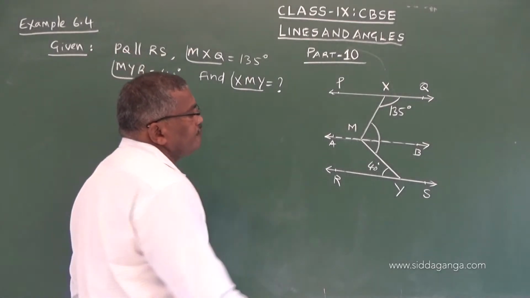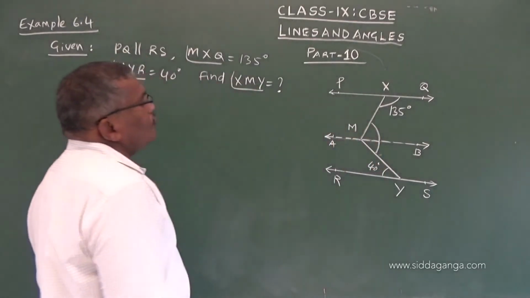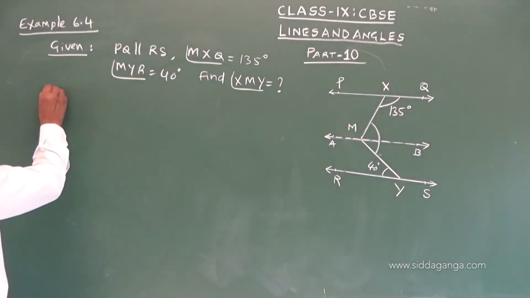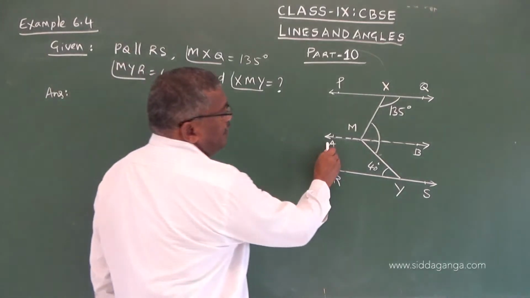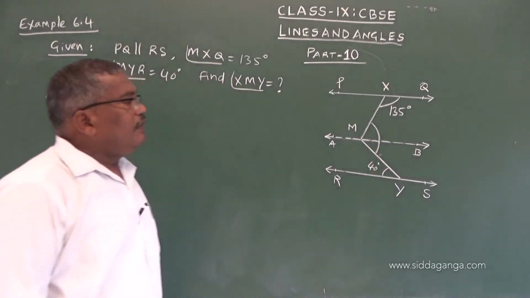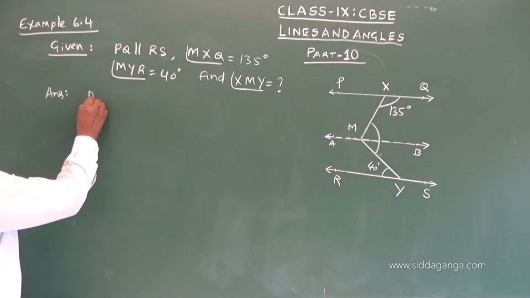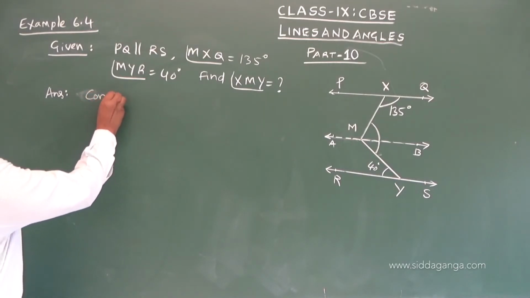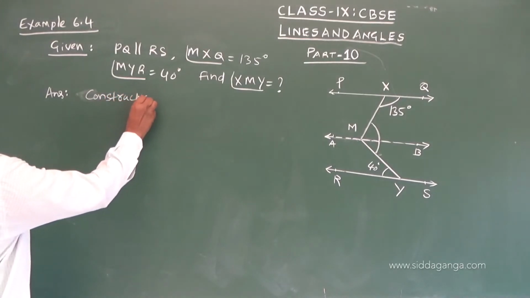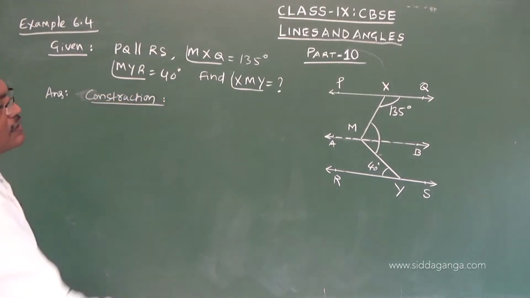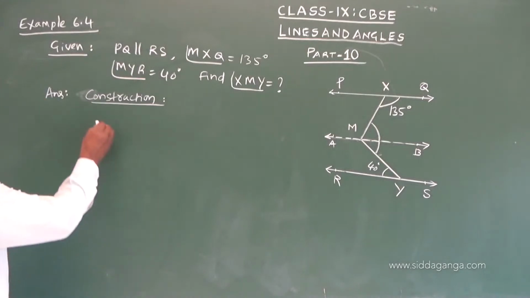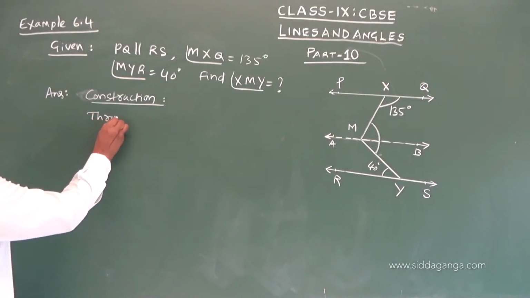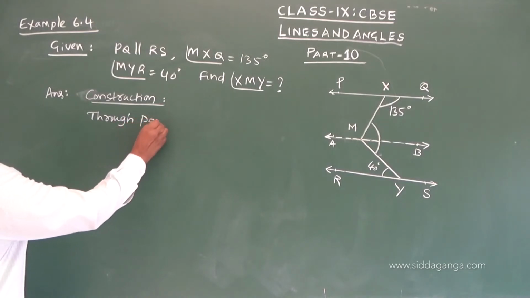So from the figure, what we have done is draw line AB, and we call this the construction. What construction have we made?